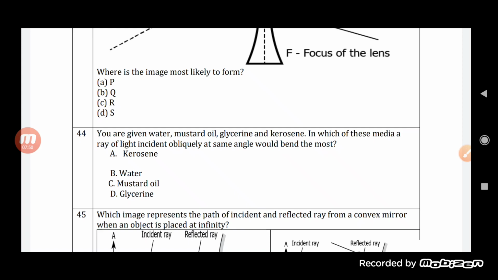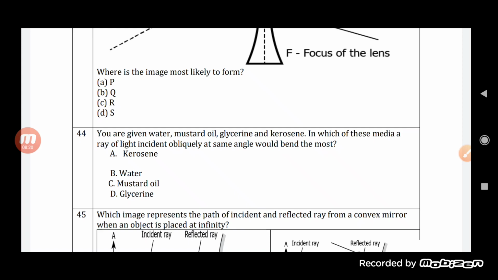Out of all these, in which one will the ray of light bend more? You know that it is glycerine, whose optical density is higher. So the bending will be the most. Okay, so the option is glycerine.